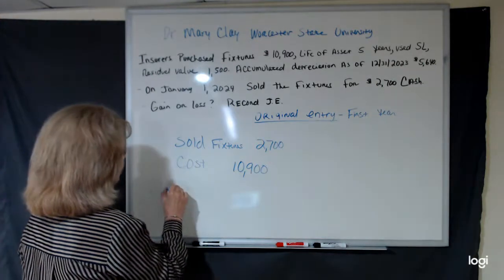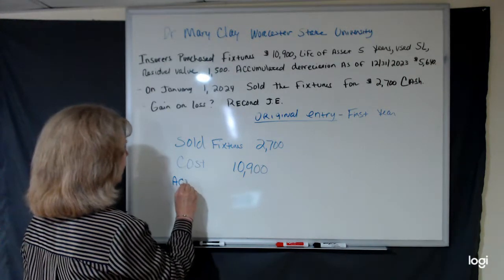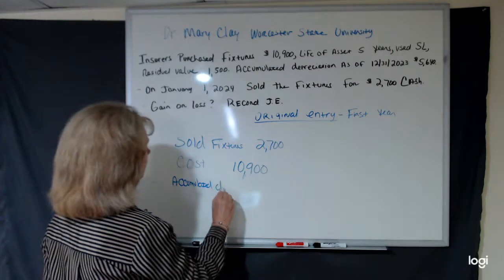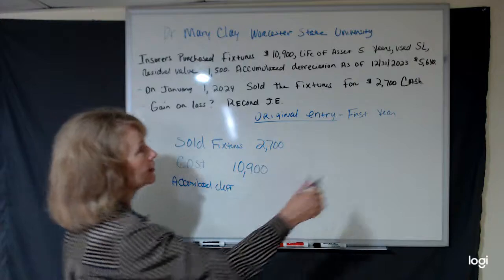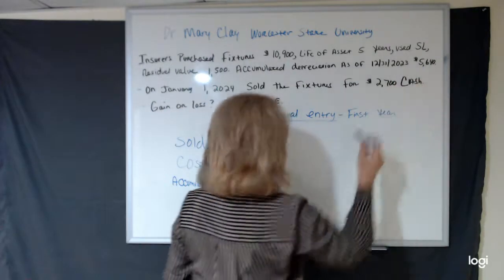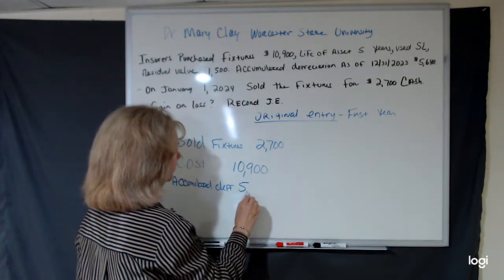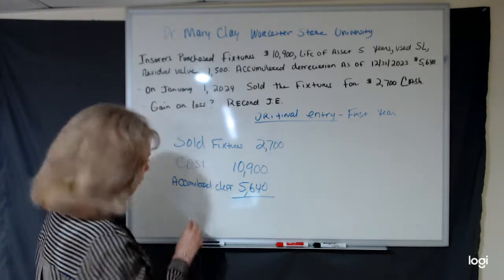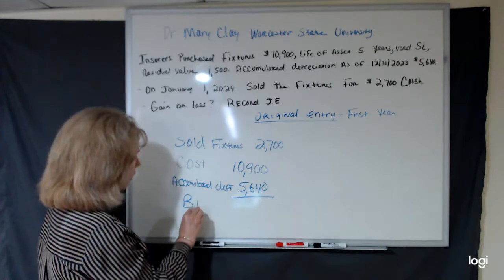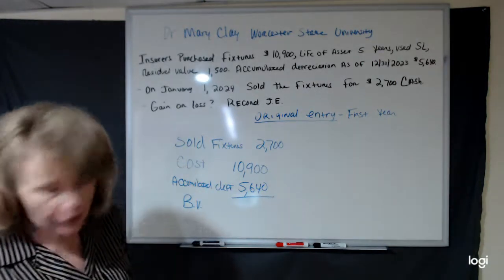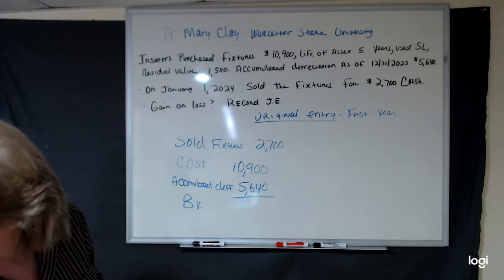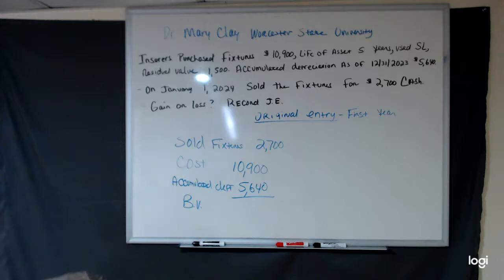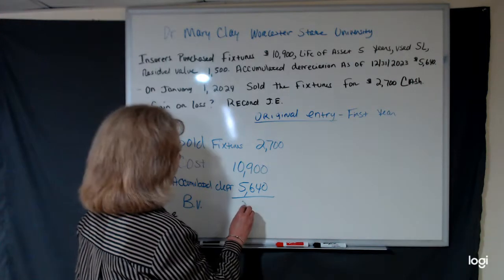Next, I'm going to subtract the accumulated depreciation, which is, as of 2023, $5,640. Subtract that out, and that will give me my book value. So you take 10,900, subtract out 5,640, and you're going to get 5,260.